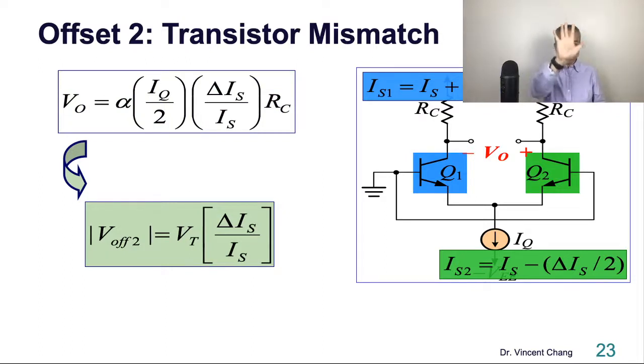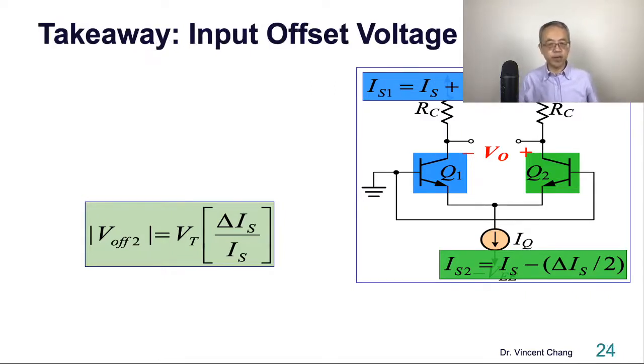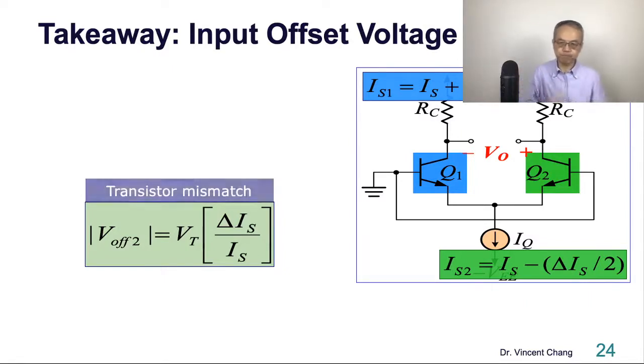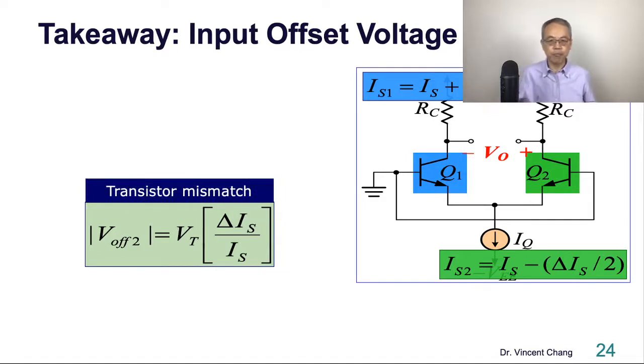VO divided by the gain. You pull back the gain, GM RC, and plug in the transconductance in terms of bias current and thermal voltage, and you get this. Takeaway: the second issue is transistor mismatch, size mismatch. The result is proportional to thermal voltage and proportional to the fractional change of IS, the saturation current.